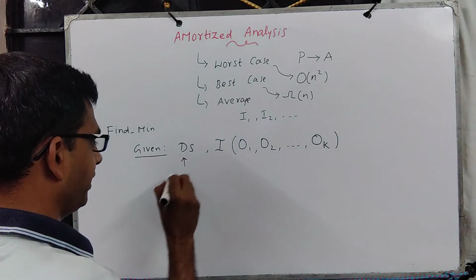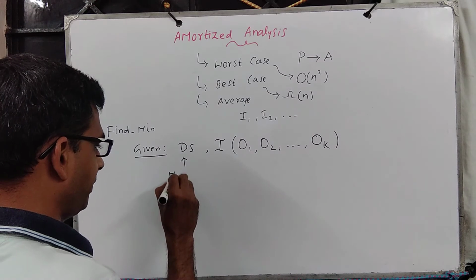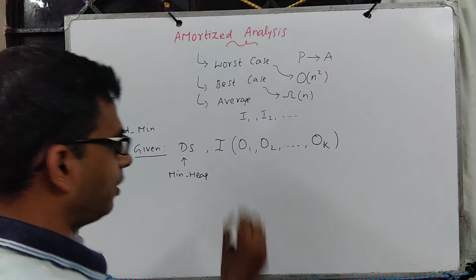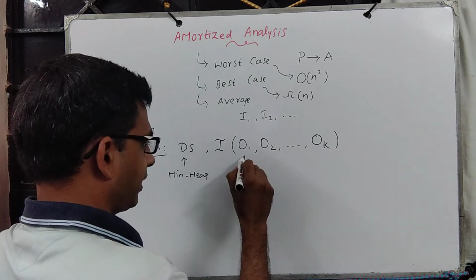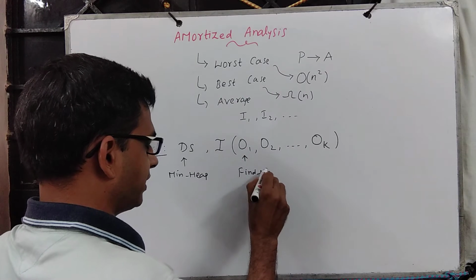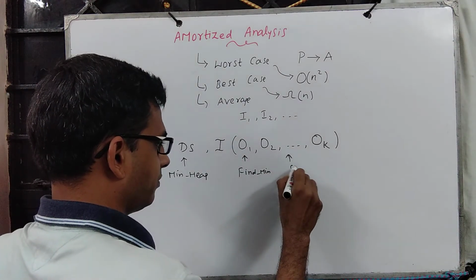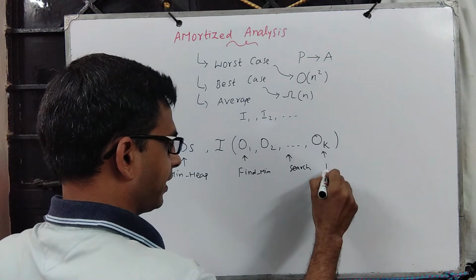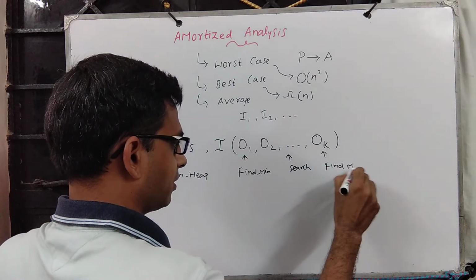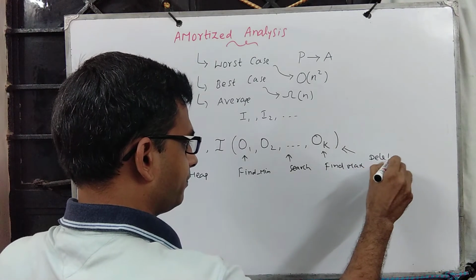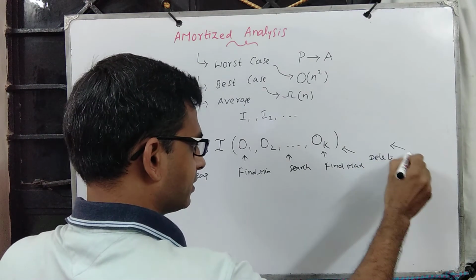So this could be, say, a min heap, and the operations could be, say, find min, or I may perform search, or I may ask for find max, or you may delete something or insert something.